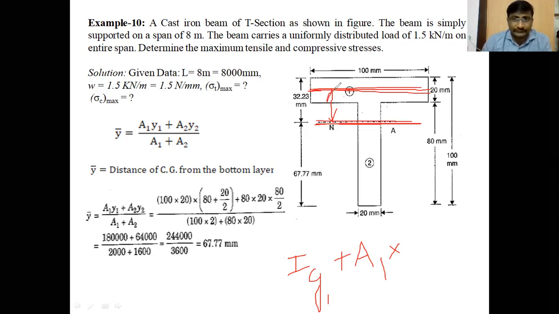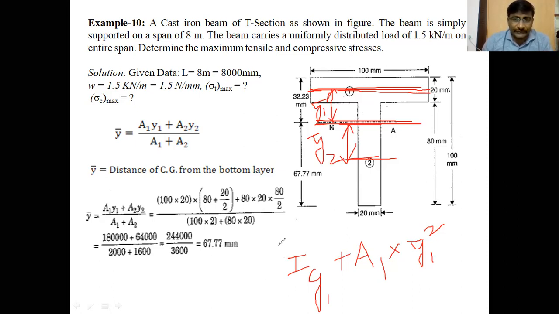This distance, let us take it as Y1 bar. The distance of the center of gravity of the second area from the neutral axis is taken as Y2 bar. Whatever notations you follow, the distance between two axes is taken as Y1 bar for one and Y2 bar for the other.